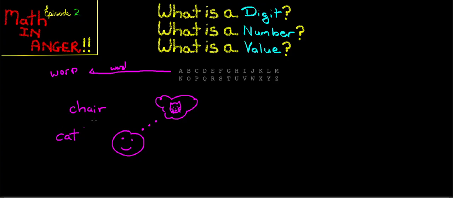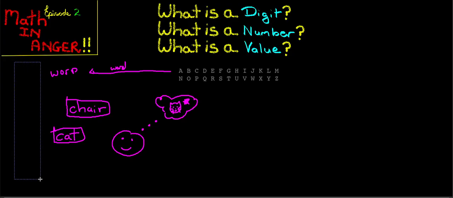Notice that I have not said either one of these words, but you are already thinking about them. You are already doing something with it. Now let's go and take a look at how this works in mathematics.